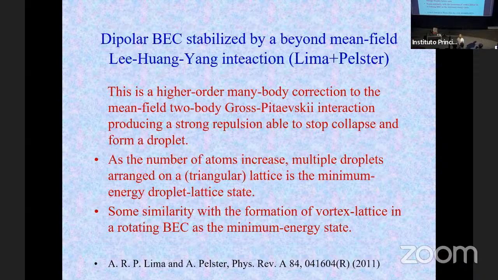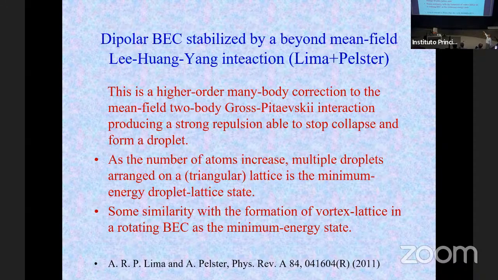But if the number of atoms goes beyond a certain size in that trap, it again collapses, but the stable configuration is the formation of two droplets and not a very large droplet. So that's why they break and try to arrange on a lattice.